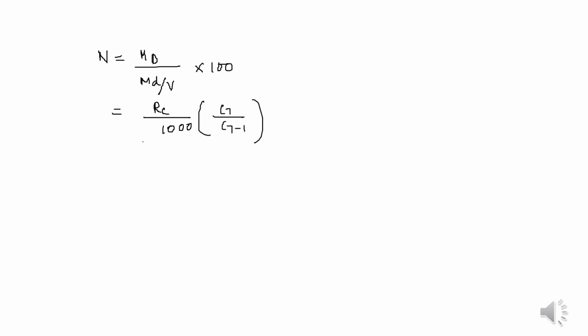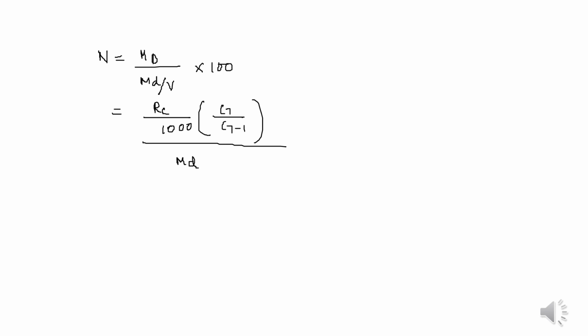Therefore, my percentage finer than that of the particle size d we have already written. Suppose we express it as N, like MD divided by small md times 100. So MD we have already found out and we replace it here as RC by 1000, G by G minus 1. Small md is the total dry mass of the soil which is put into suspension, and we keep it as it is.